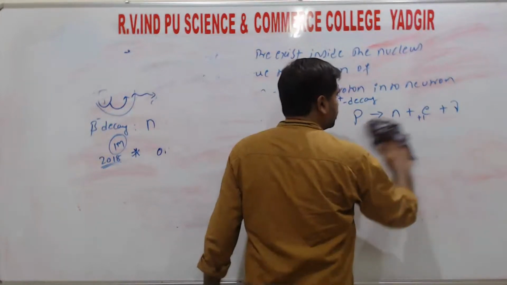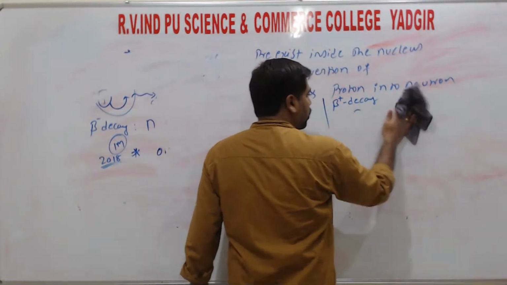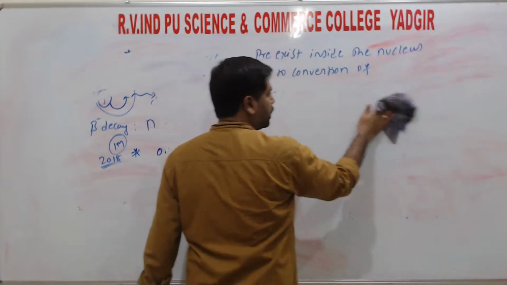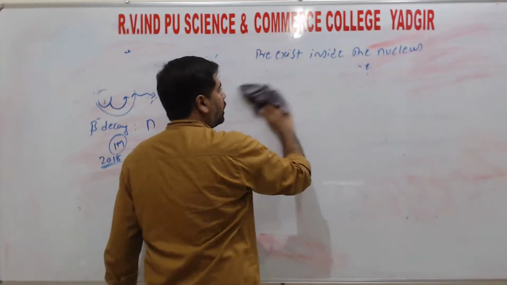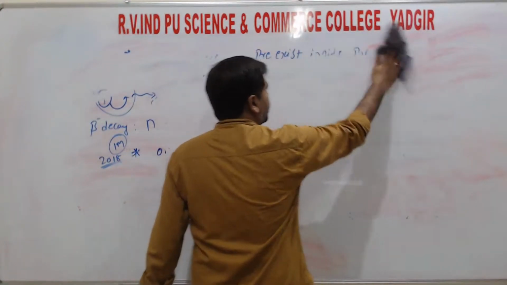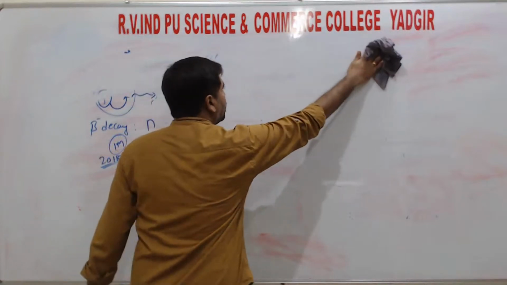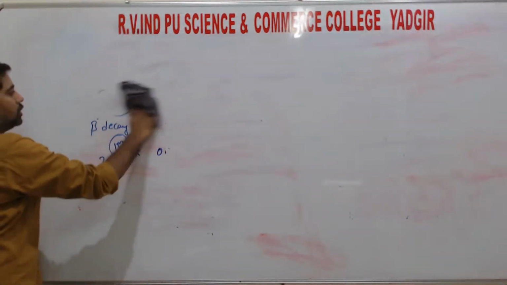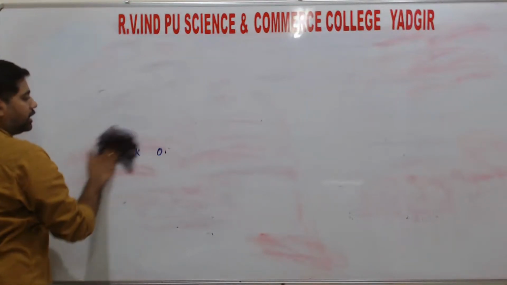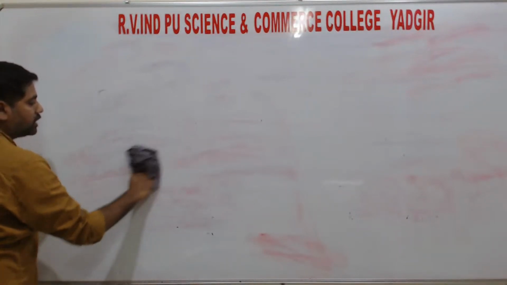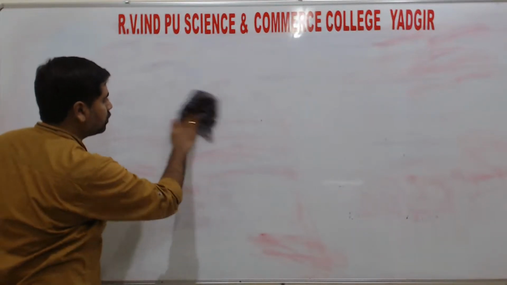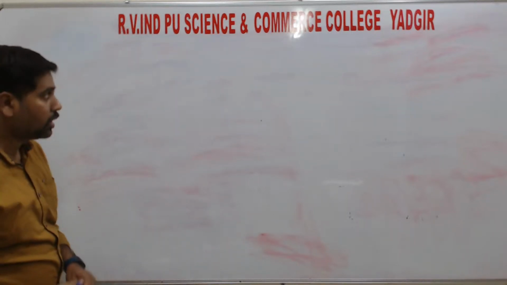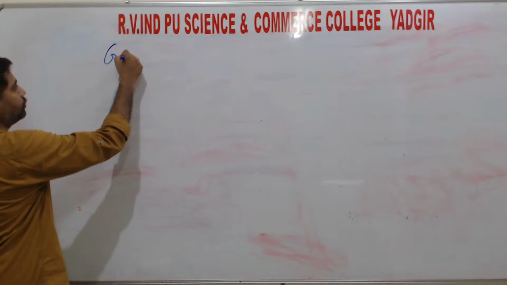When it emits a positron, then we call that beta plus decay. In the beta decay, the mass number remains the same, but the atomic number decreases by 1 in beta plus decay and increases by 1 in beta minus decay. So the next one is gamma decay.